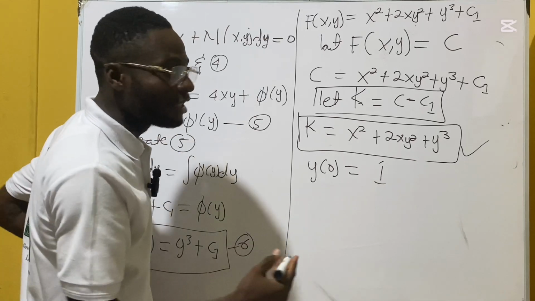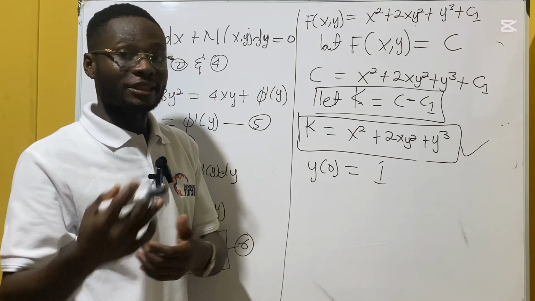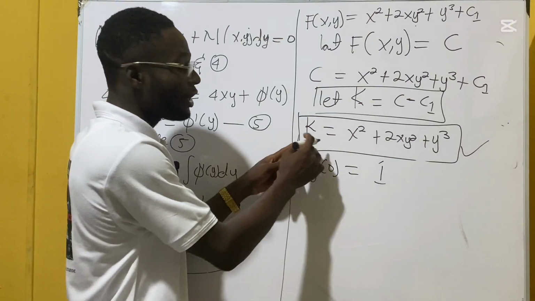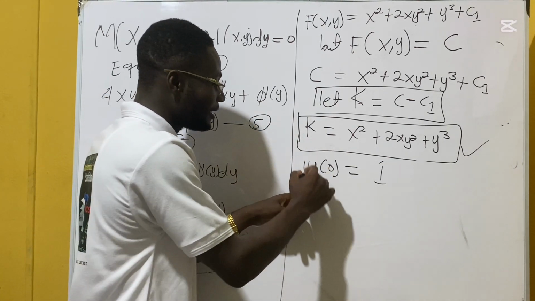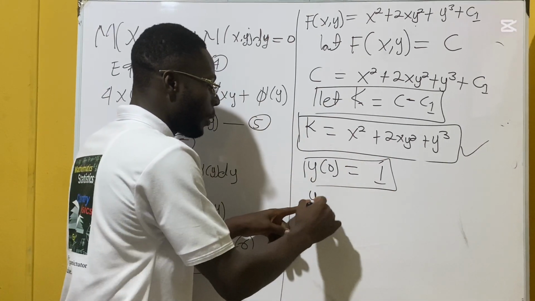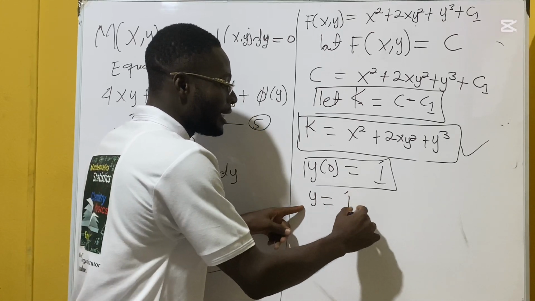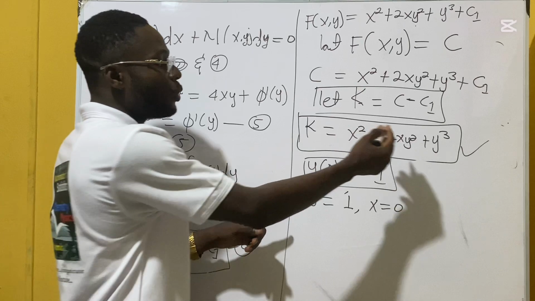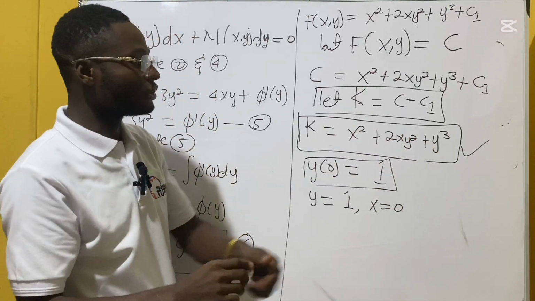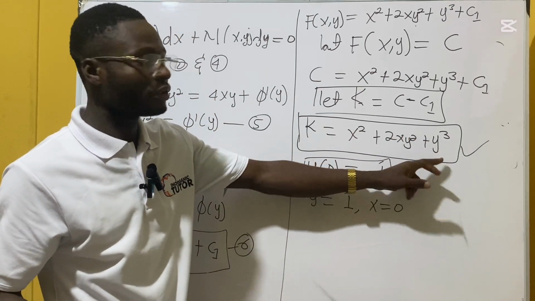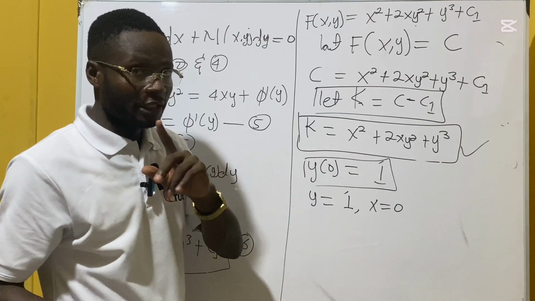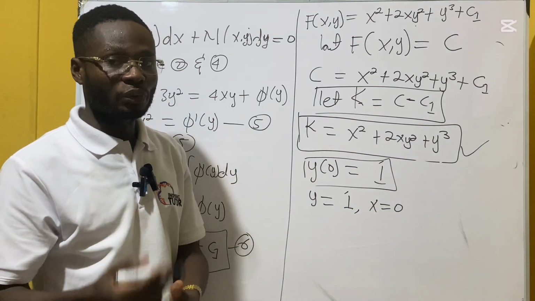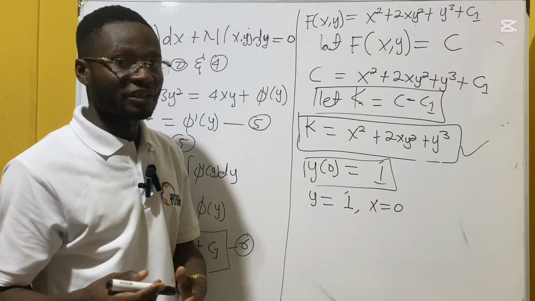This is basically telling you that they want you to find the constant. So this statement means that our y is equal to 1 and our x is equal to 0. So we substitute this information into the general solution. Then we get our particular solution or the specific solution.